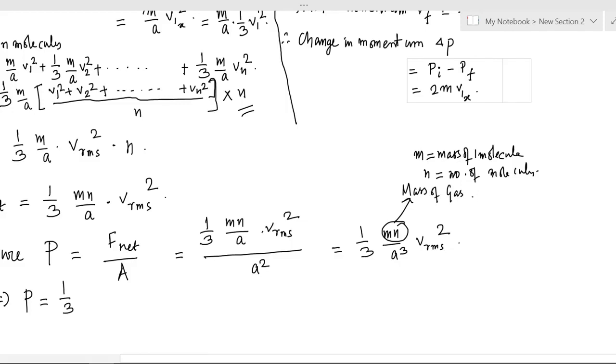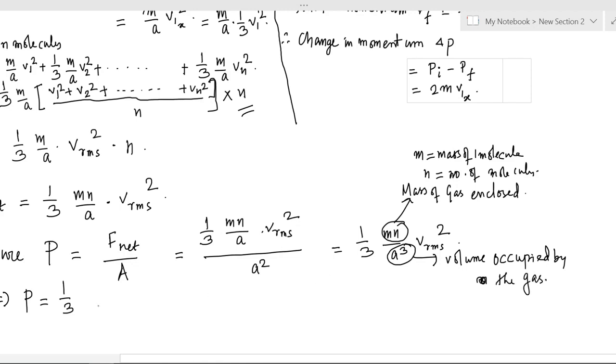Mass of the gas enclosed. So the mass divided by the volume, a cube is giving you the volume. Volume occupied by n molecules, or volume occupied by the gas.